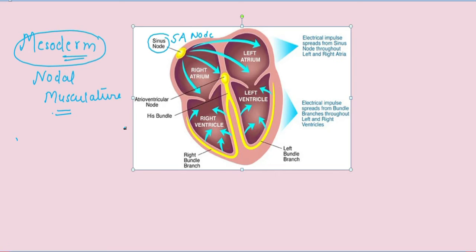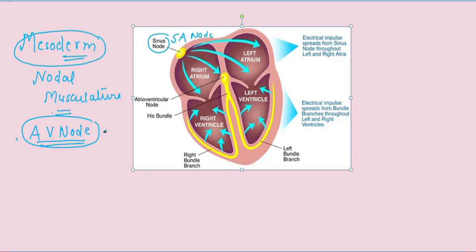On the left side of the right atrium, at the lower side, another muscular patch is present called the AV node, the atrioventricular node. These are the muscular patches.